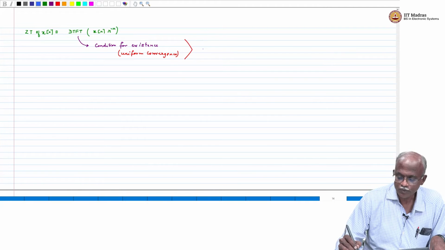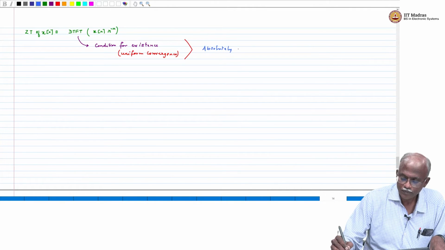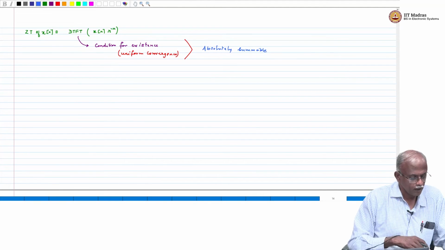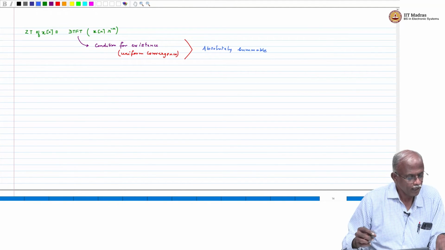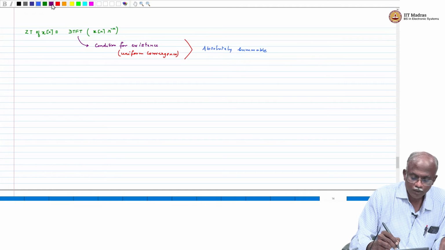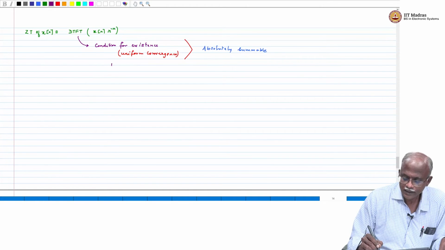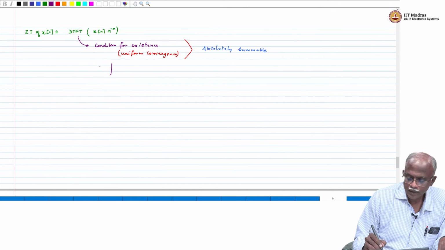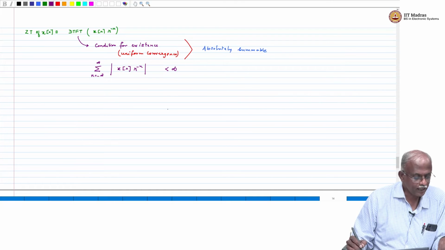So, the sequence must be absolutely summable. And the absolute summability condition says summation n equal to minus infinity to infinity modulus of x of n r power minus n must be less than infinity.